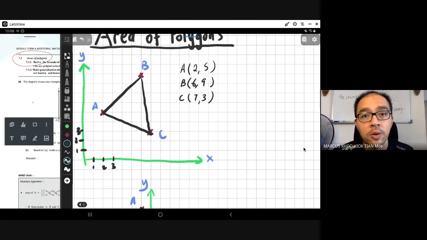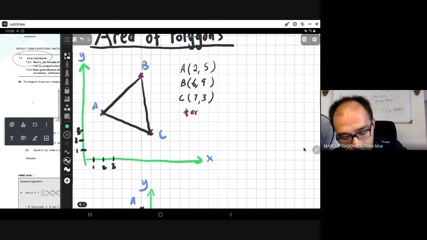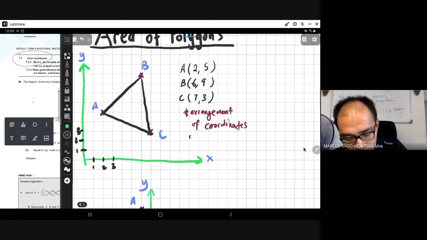Now, there is a way to calculate the area in an effective manner, but very importantly, you write this down somewhere in your module: the arrangement of coordinates should be anti-clockwise.